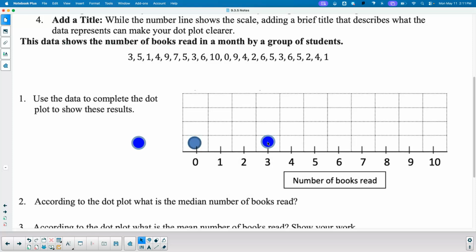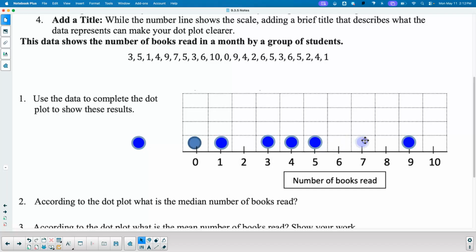Then I'm going to go to a 5 and put a dot above the 5. Okay? Then I'm going to go to 1. Put a dot above the 1. Above the 4. Above the 9. Above the 7.